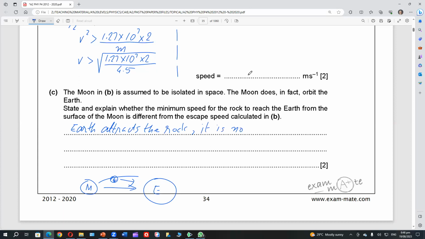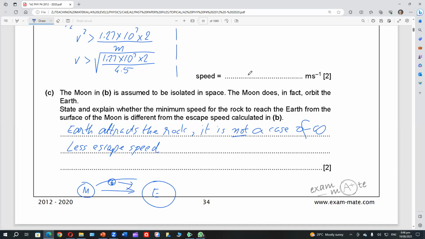It is not a case of infinity. Let's escape speed. So you have to copy this.